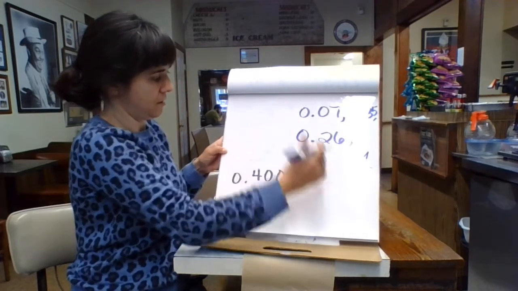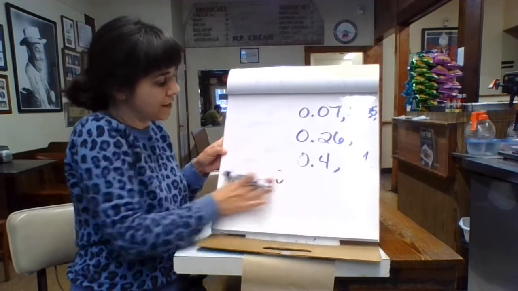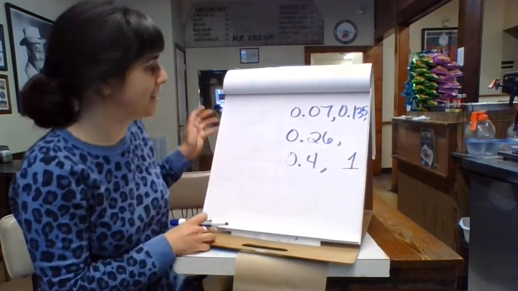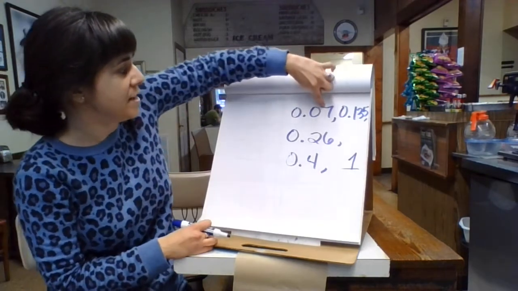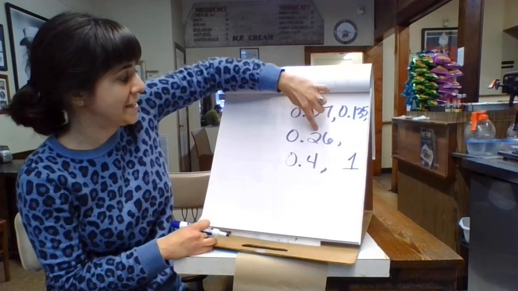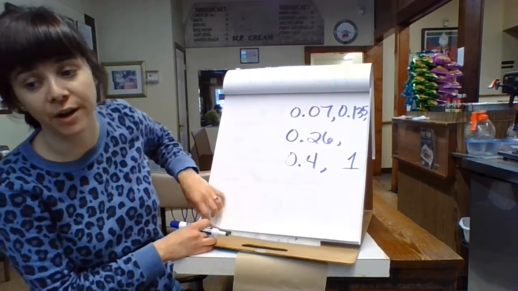Okay, and then, all right, so there we go. That's least to greatest. Looks a little wonky. I just realized that was glaring, but you're going to have 7 hundredths first, then 135 thousandths, 26 hundredths, 4 tenths, and then 1 whole to go from least to greatest.